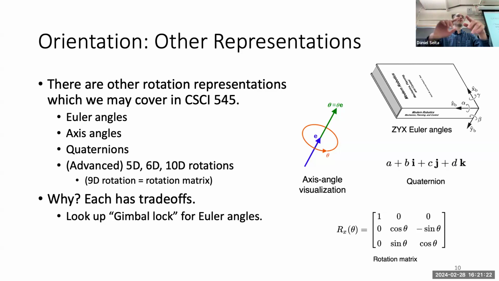If you're dealing with rotation about all the possible axes, then I really would not recommend Euler angles. Any questions? Anyway, these are more advanced topics, so we're not covering them in next class.